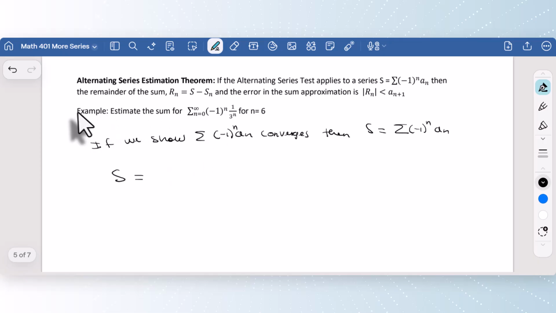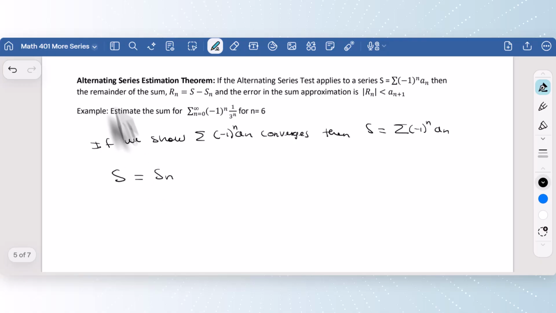Let me call it Sn. So if I go n terms, it will be however many terms I want to approximate using, the first 10 terms, the first 100 terms. So this is an infinite sum, big S. Sn is not. It's a sum of the first 100 terms, the first 6 terms.